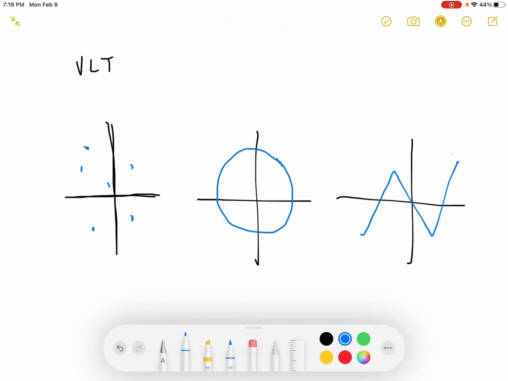Okay, so this is discrete, this is continuous, and this is continuous. But that doesn't have anything to do with whether it's a function or not. So, let's do a vertical line test. Let's see, does this thing work? Maybe we can use this ruler.